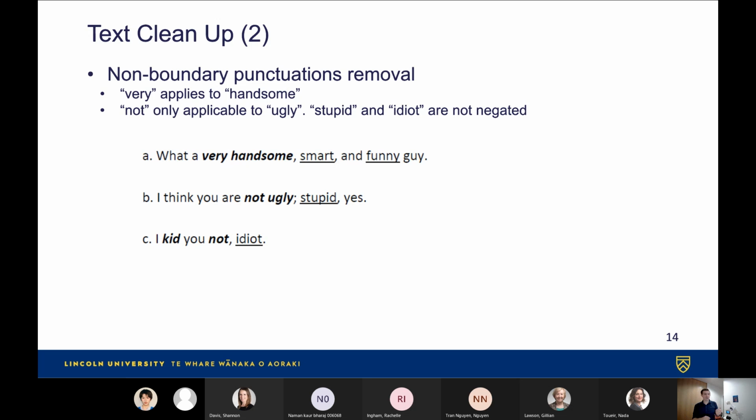You can see in that middle sentence, "not ugly" is a positive sentiment, as opposed to "ugly" if we were just looking at the individual words, which would be a negative sentiment. So we've got to break up the text to work out which bits go together. And then you've got more complicated sentences, like the bottom one, where the words of interest are separated within the sentence.